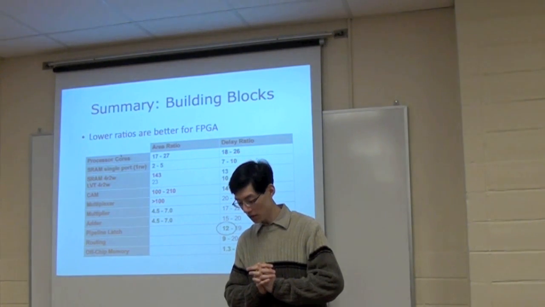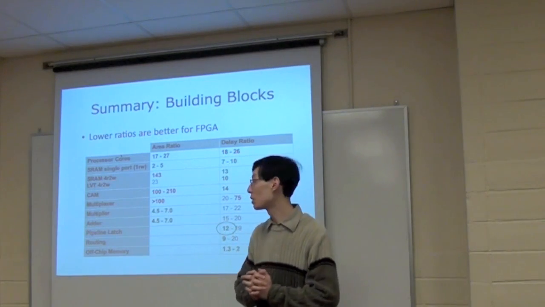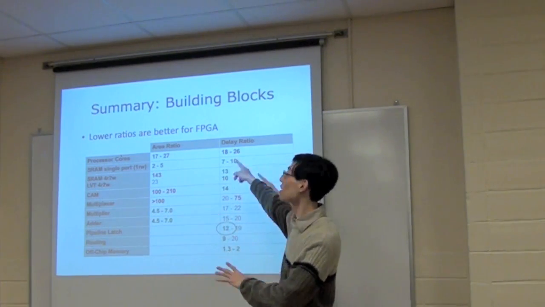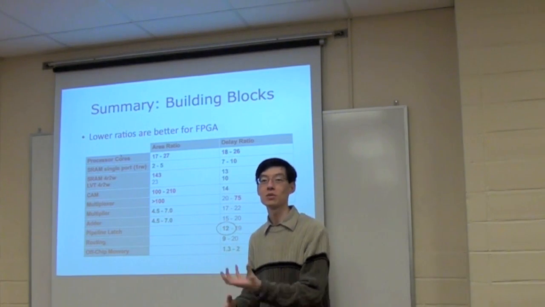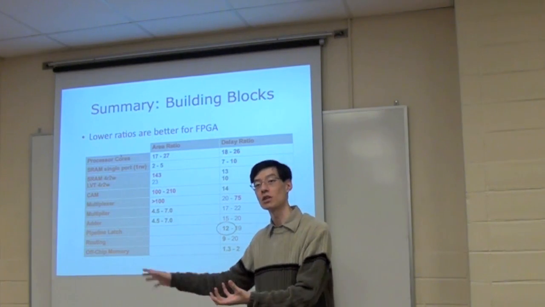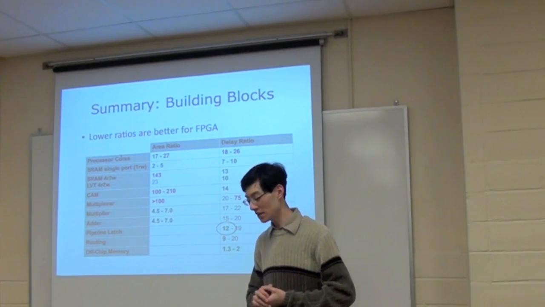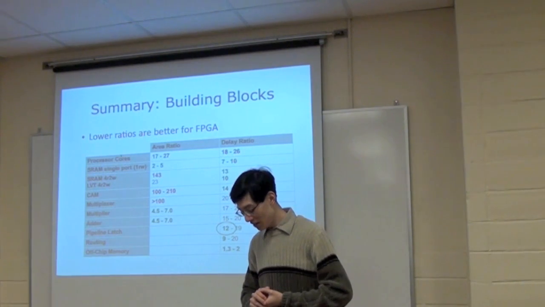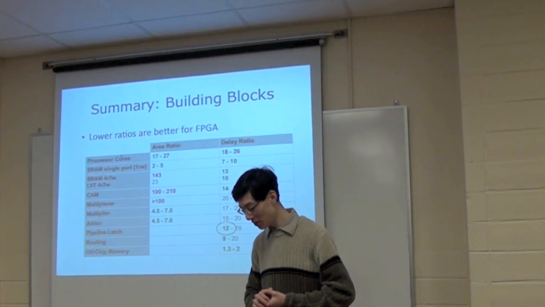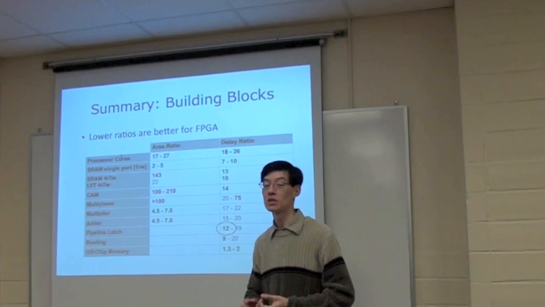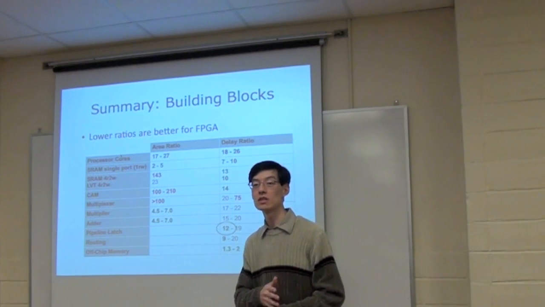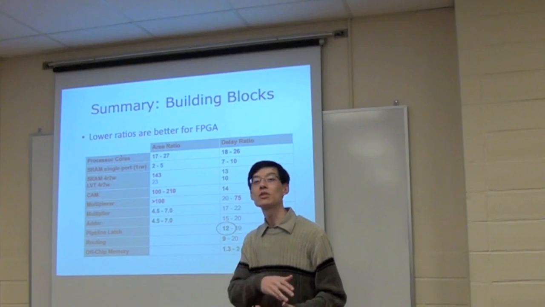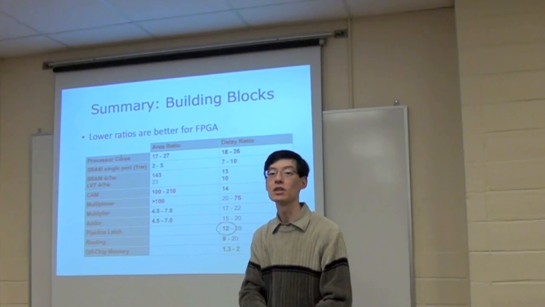So I haven't looked at the hard FPGA processors, although I would assume this comparison roughly extrapolates to that, and I would assume that the hard processor on the FPGA would be far more efficient than a soft processor. Having said that, historically, there have been hard processors on FPGAs even a decade ago, but soft processors are still useful for certain tasks when they're fast enough and small enough.